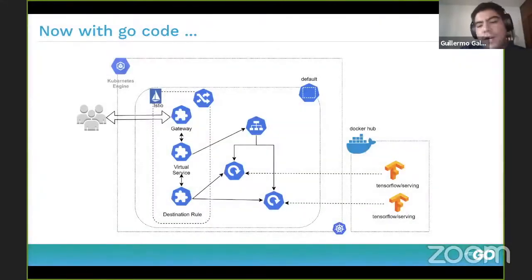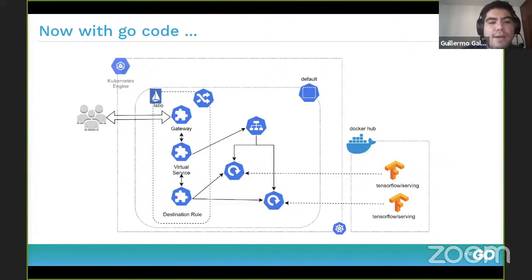Let's see now. We already deployed the TensorFlow model with a YAML file. Now we are going to modify that model in order to serve it to the same endpoint from another deployment. We are also going to deploy the key components from Istio in order to do the traffic shifting and the canary.